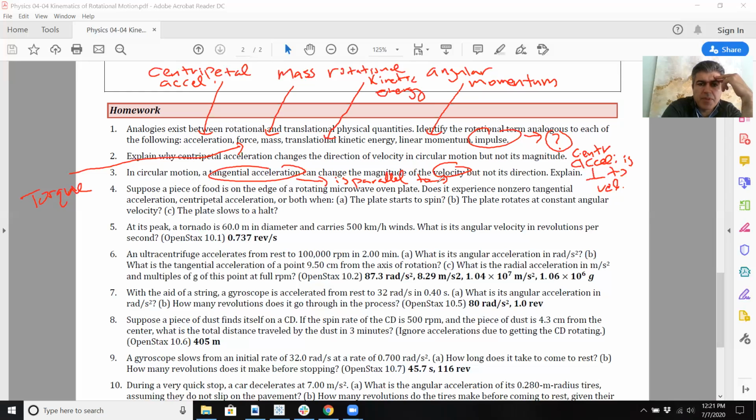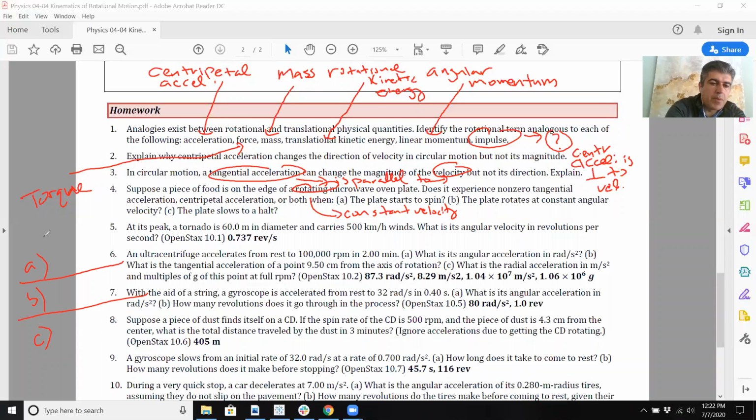For 4, suppose a piece of food is on the edge of a rotating microwave oven plate. Does it experience non-zero tangential acceleration, centripetal acceleration, or both? Well, it's moving the same velocity. I mean, you'd think. Or constant velocity may actually change that. So if you look at A, B, and C, I'll do it down here.